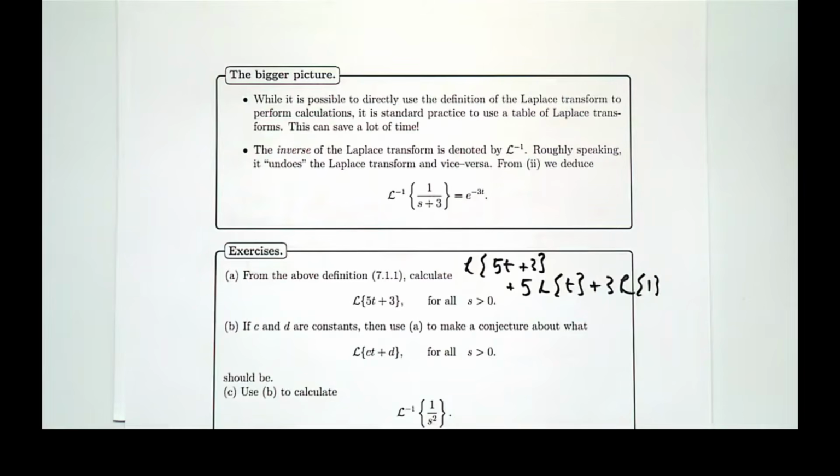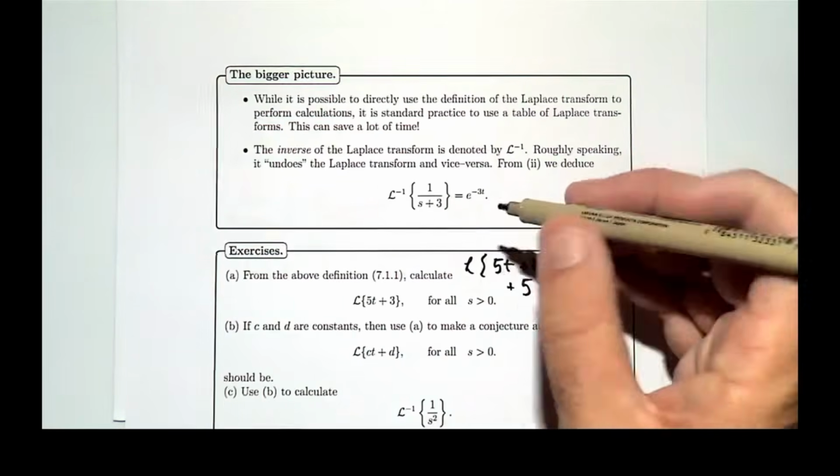Okay, so let's say I had to get the Laplace transform of t and the Laplace transform of 1. I'm going to ignore the directive from the question. I'm not going to use the definition here. I'm just going to use the table. Okay, so let's work it out. So this is just from a table.